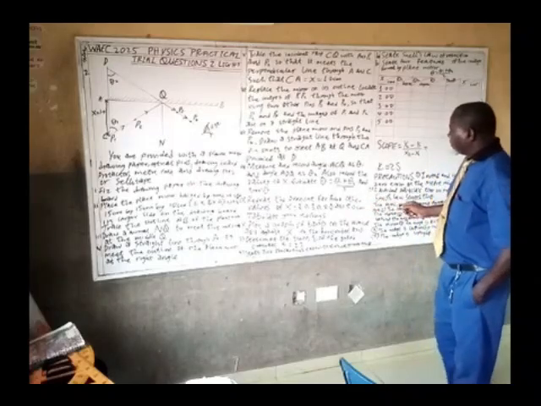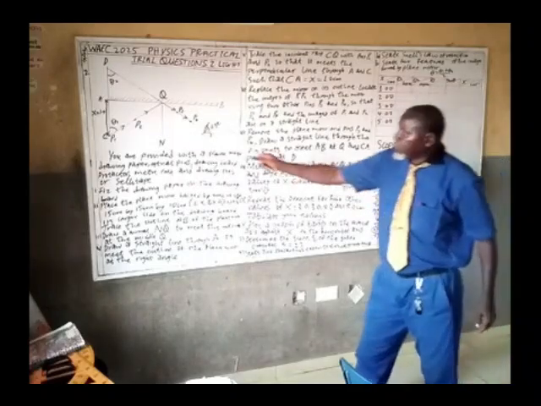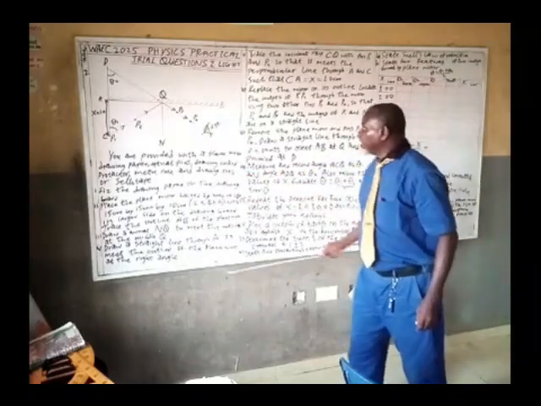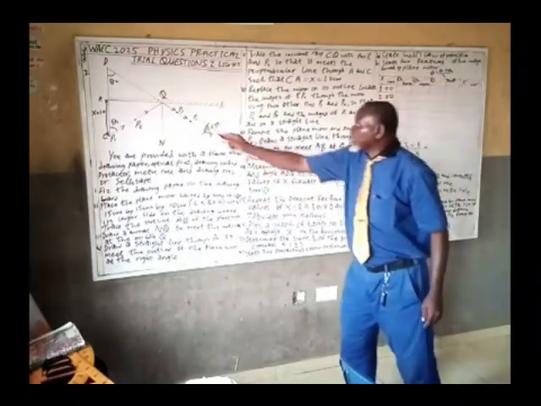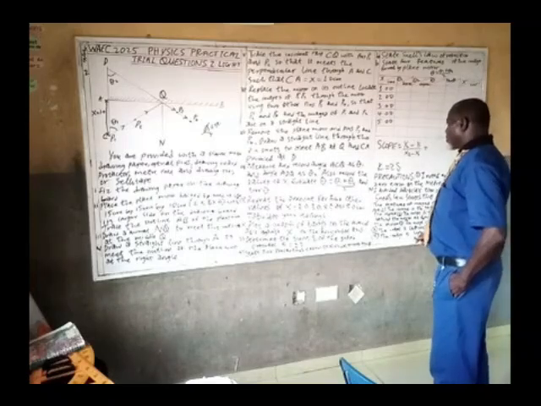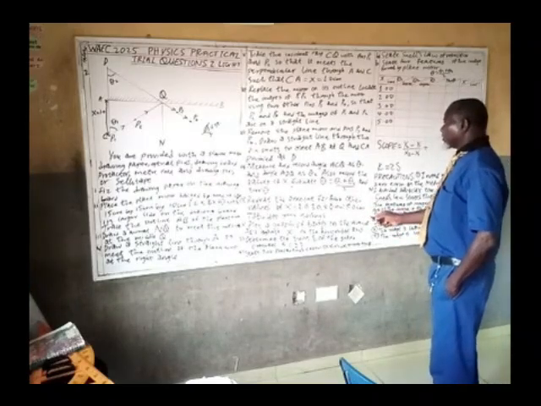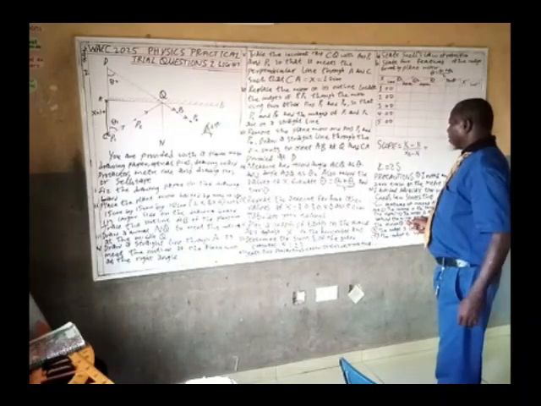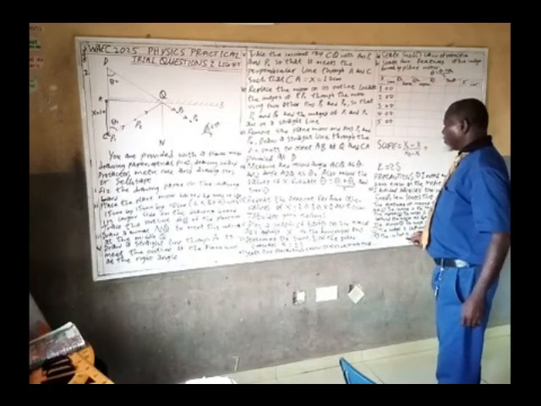Measure and record angle ACQ as θ1 and ADQ as θ2. Also record the value of X, which is 1.0. Evaluate theta as θ1 plus θ2 divided by 2.